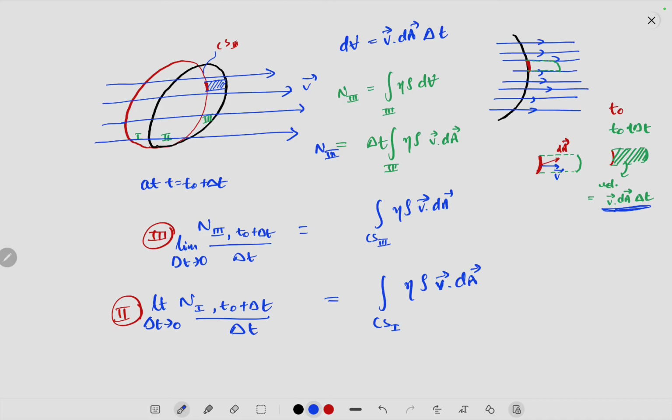So the particles in 3 have exited this control volume, right? This red one was our control volume, and we assumed that this part has moved outside of this control volume, right?